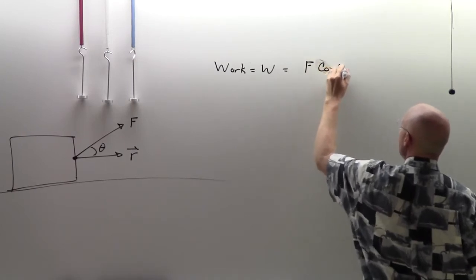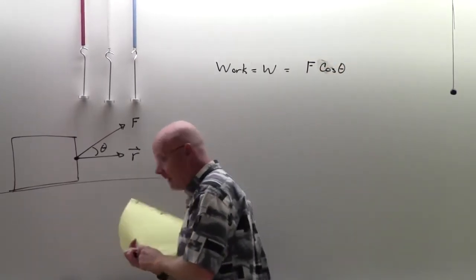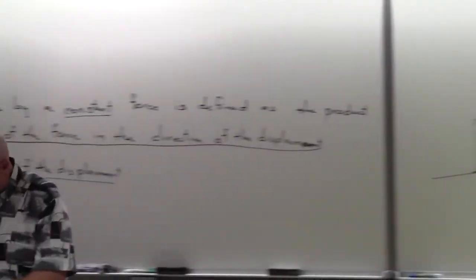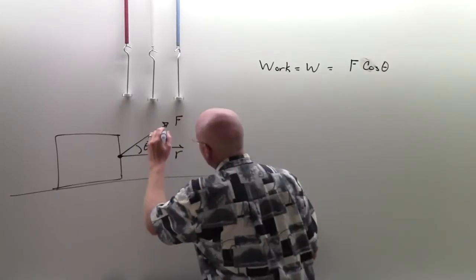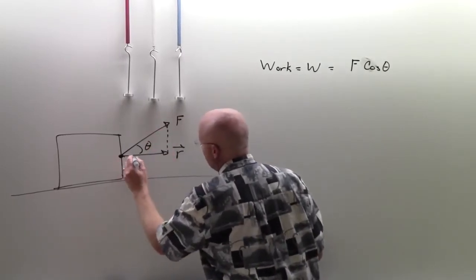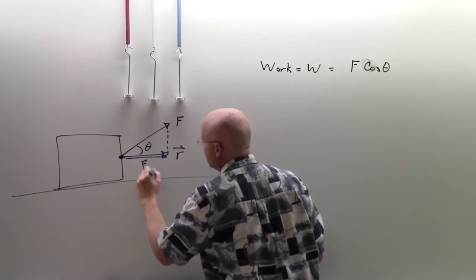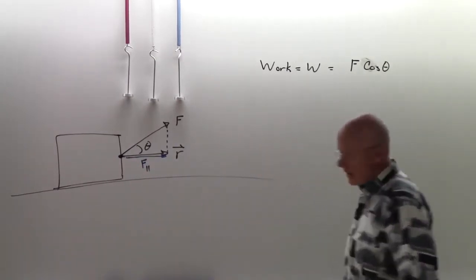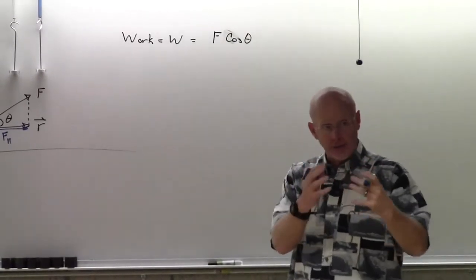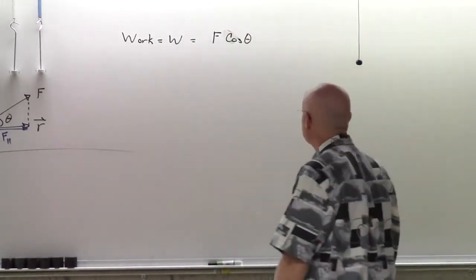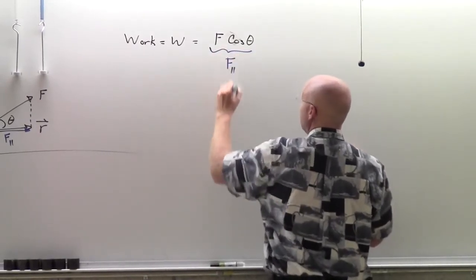If I go F cosine theta, that right there, if I grab a different color here, and look at that force vector, I can look at how much of F, and I'll use that little symbol parallel, how much of F is parallel to the displacement? That's what this is. This is F parallel.